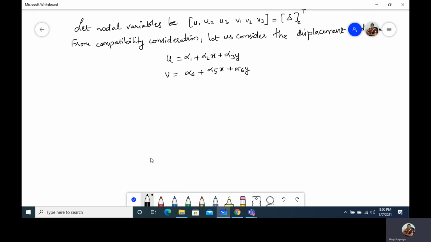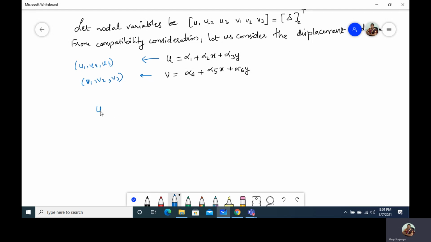Alright, so elaborating this a little bit more, let us consider only u first. Now there are three different nodes, and in the three nodes we will have u1, u2 and u3 as our nodal unknowns, and v1, v2 and v3 as nodal unknowns when it comes to v.